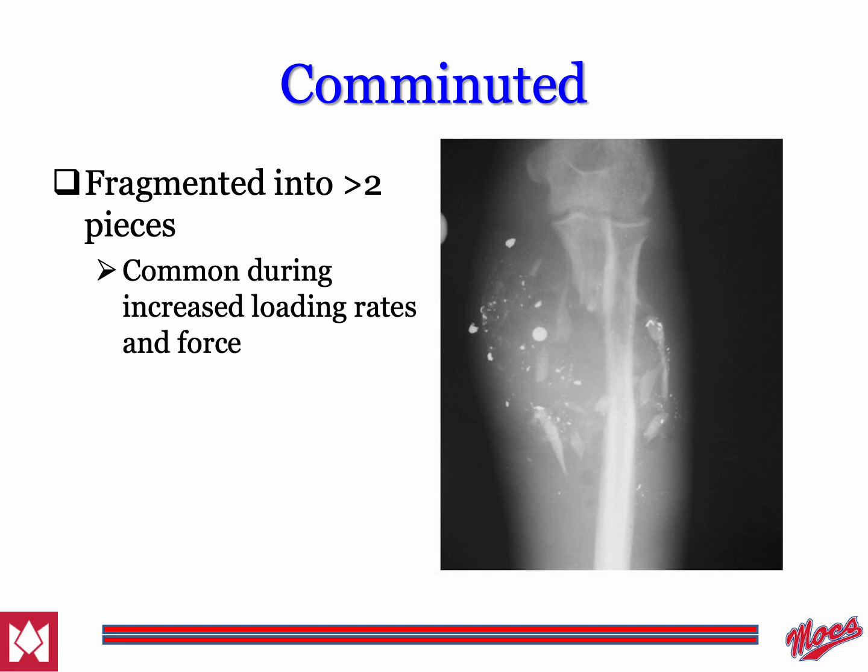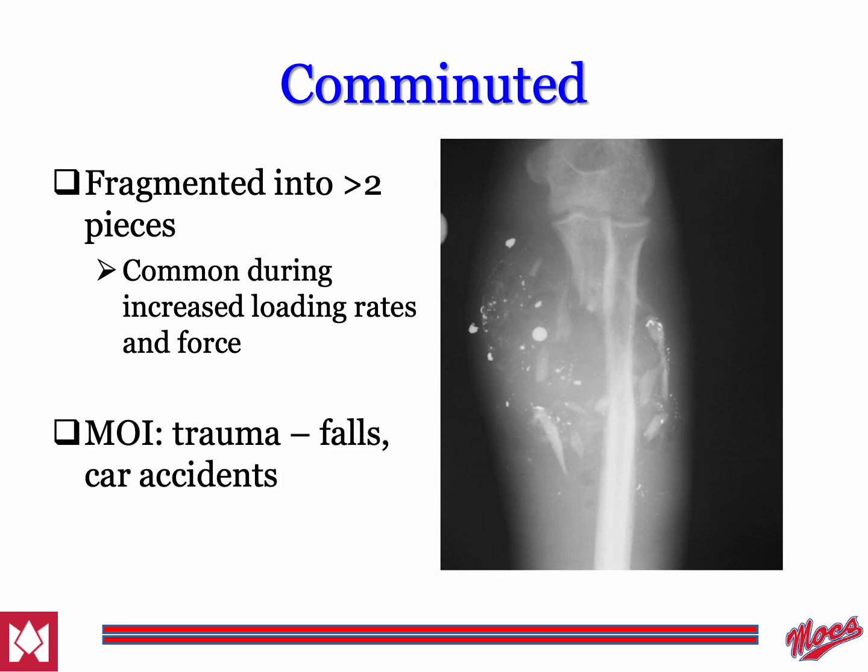However, if it is beyond what our bone can withstand, right? If it's beyond that plastic region at the ultimate failure as far as the force itself, the amount of force applied, then we are going to have what's called extreme blunt force trauma, right? And that is going to lead to more than two fragmented pieces.